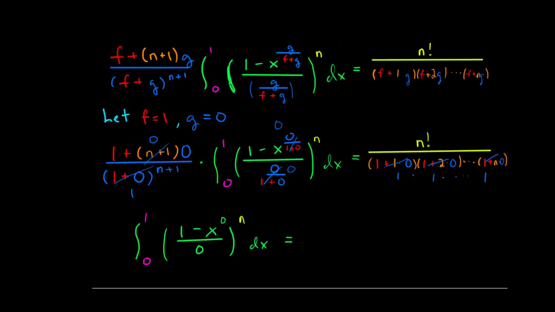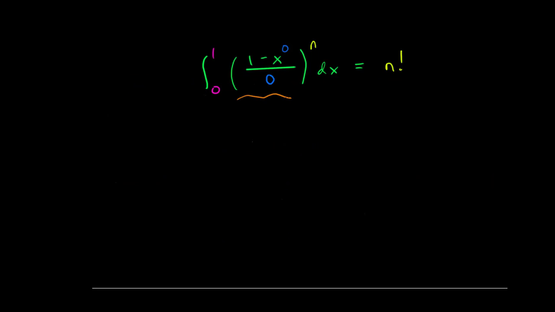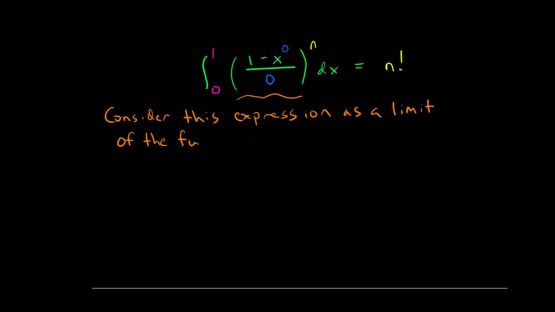And again, this expression should equal n factorial. Now we still have this something over 0 expression, but this is actually a much more workable form. Because in our integrand, instead of having a number over 0 expression, we have a 0 over 0 expression. So we can consider that expression as a limit of the function (1 minus x) to the z over z as z tends towards 0.